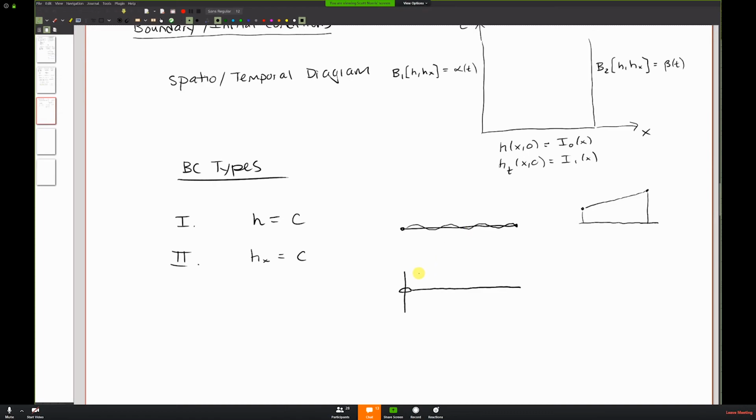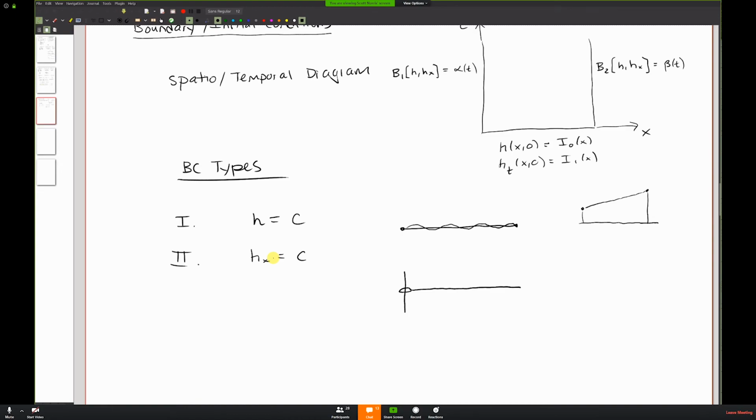All right. And so if there's no friction, then there will never be a vertical tangential force at that side of the domain. All right. And so this is the physical interpretation of a Neumann boundary condition. Like I said, it is a little bit weird.